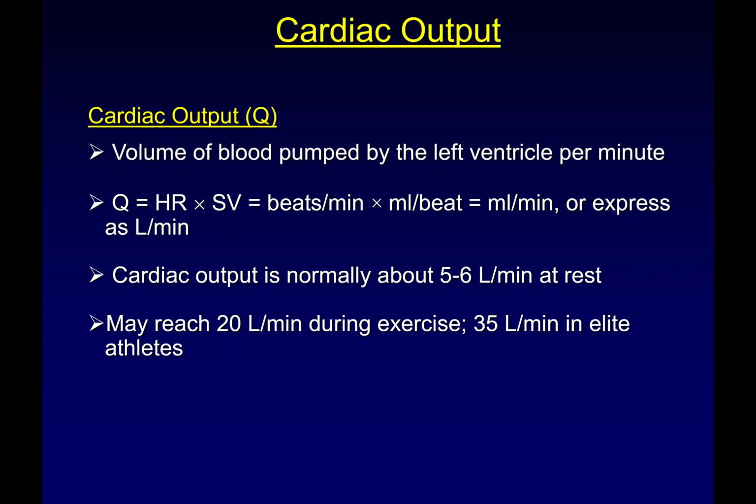So an average person may reach somewhere between 18 and about 24 or 25 liters of blood per minute of cardiac output during high intensity exercise. People that are super trained have really large blood volumes and very large left ventricles. They may be able to get up into the low to mid 30s in cardiac output.